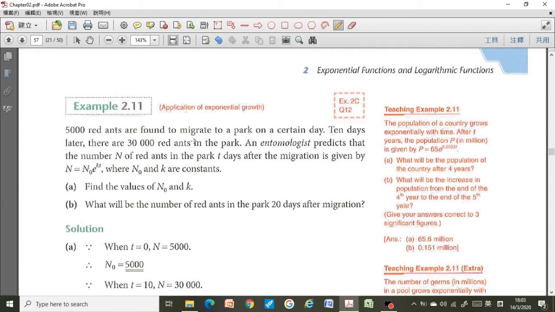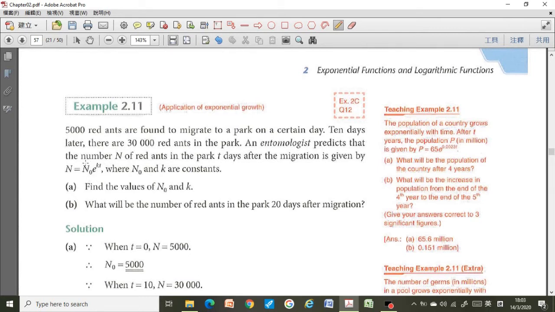5,000 red ants are found to migrate to a park on a certain day. 10 days later, there are 30,000. You see the number of ants is increasing, so it's an exponential growth. And it is predicted that the number of red ants in the park t days after the migration is given by here. N is your number at any time t. This is expressed as an expression like this, and N naught is called the initial value.